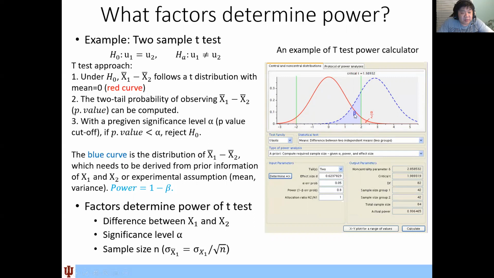So the beta part is exactly the type 2 error, and the right side of this blue curve is the statistical power, which is 1 minus beta.